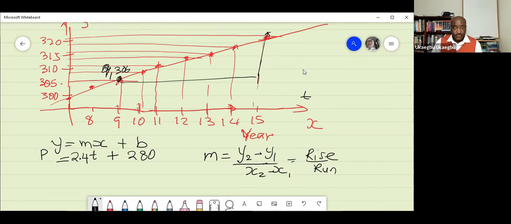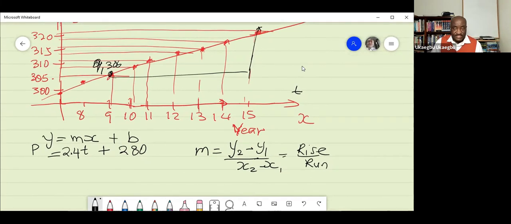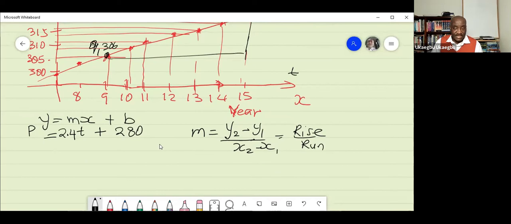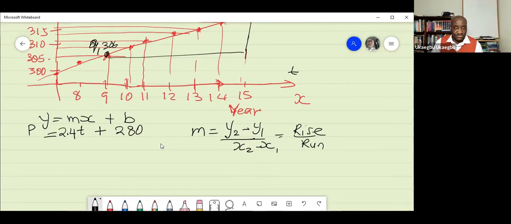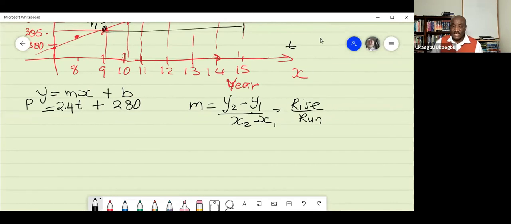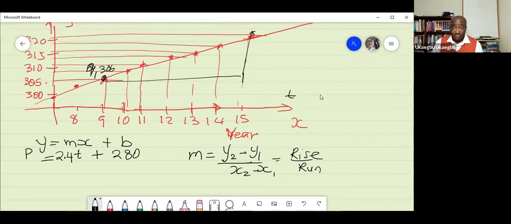So when the politicians, those who run the government, tell you that in such a year, the population is going to be such a number, this is the type of thing they do. They can tell you that in 10 years time the population of United States will be 350 million. And they will say the population of Prince George County will be such a number. They will give you a number and they will be near accurate because they just use some mathematical model.